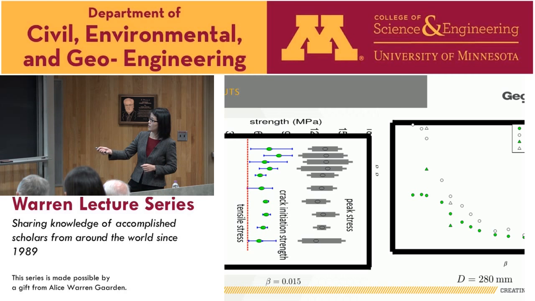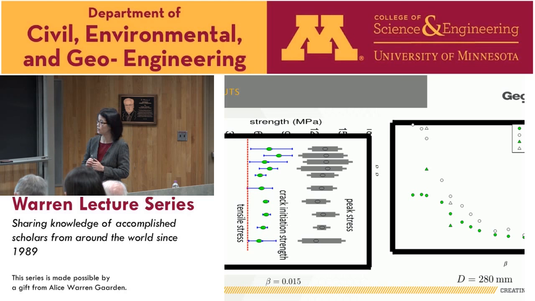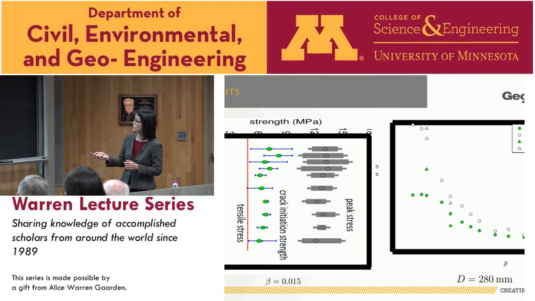So we sum up everything over here. It's probably a little bit busy to read from this graph. The figure tells you the ratio between the Brazilian tensile strength over the uniaxial tensile strength, and that varies with the softening coefficient that translates to the strength ratio.